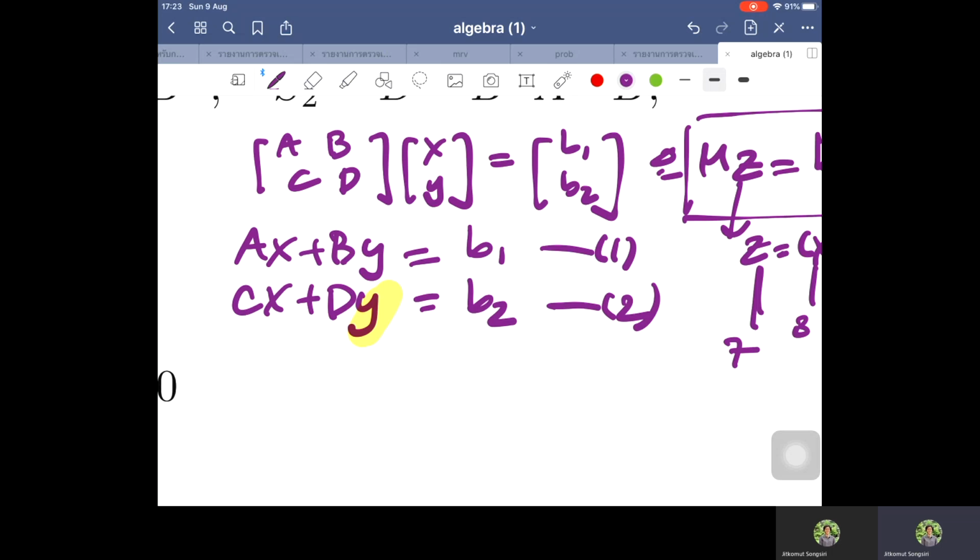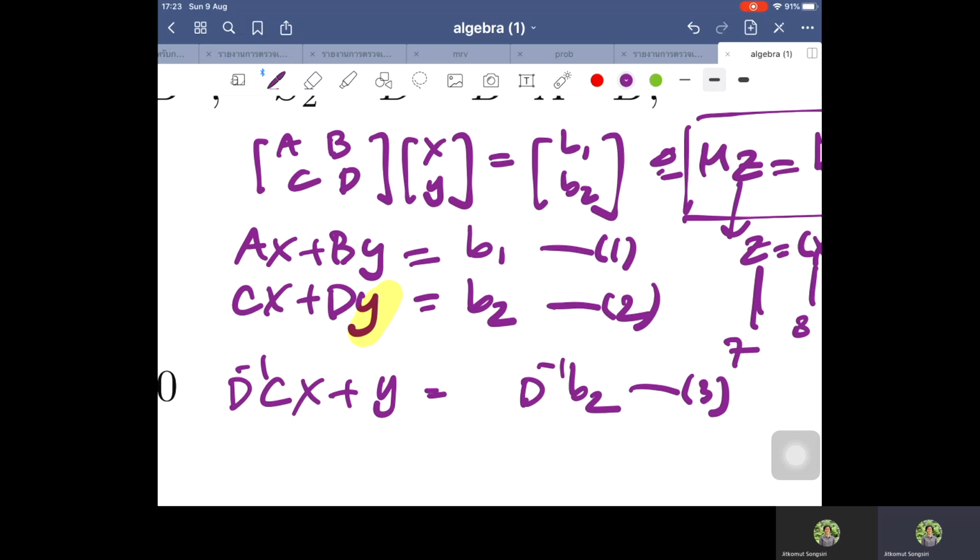Somehow I need to normalize D so that in equation 2, I get only Y. So I should multiply the inverse of D on both sides of equation 2. I get equation 3. But then you want to subtract 3 from 1, so you should multiply 3 by matrix B.